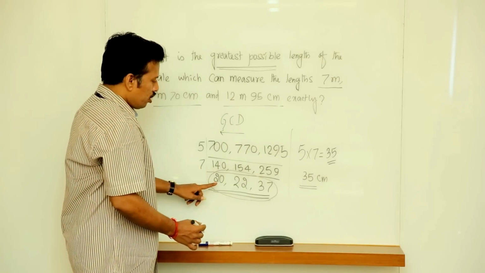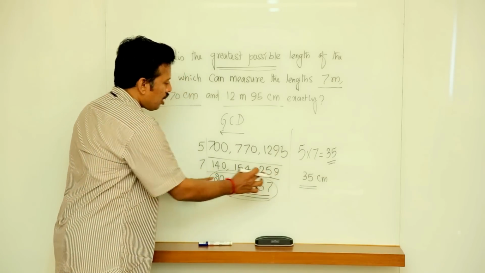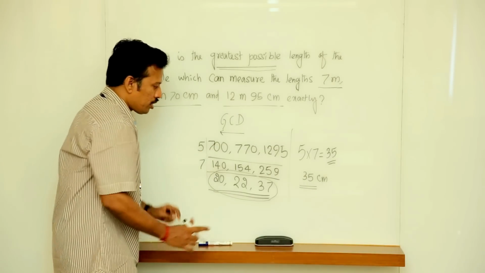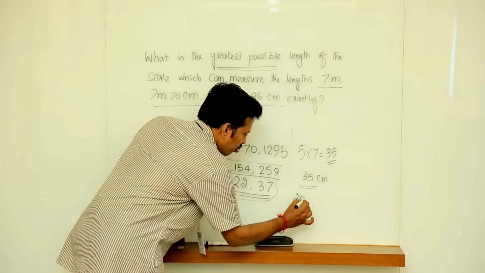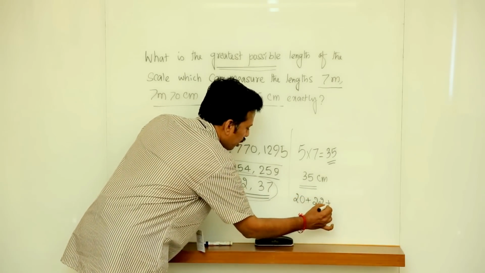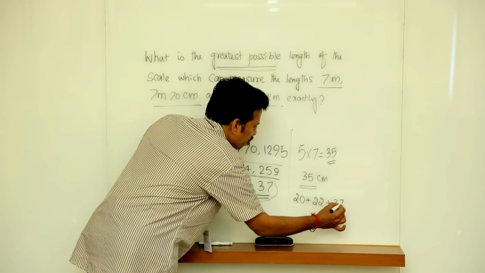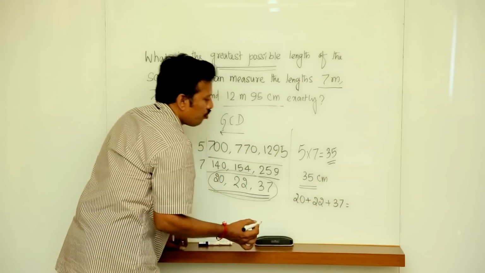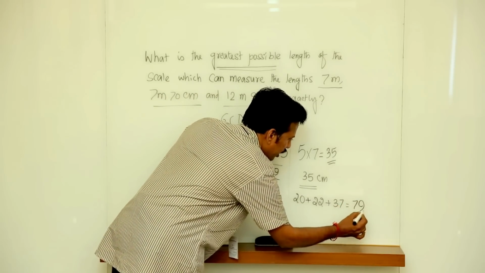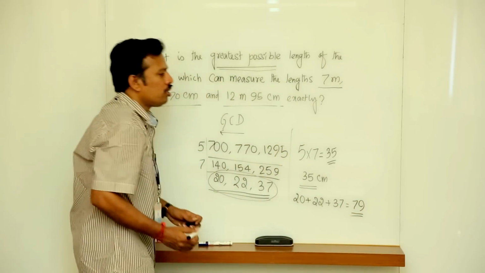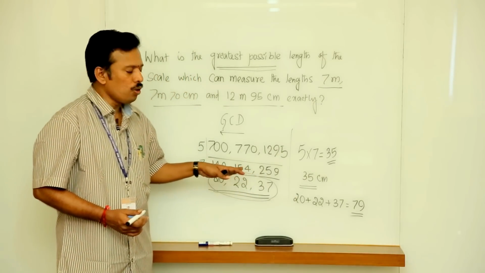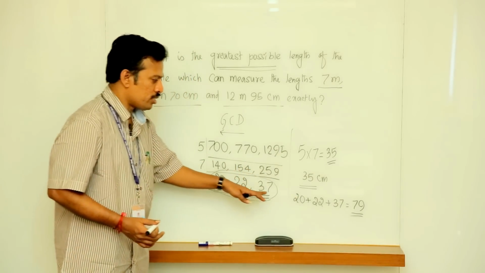Using a 35 centimeter scale, we are going to measure the first one 20 times, the second one 22 times, and the third one 37 times. So totally we are going to use this scale 79 times to measure all the three dimensions. This is also another possibility of question related to greatest common divisor.